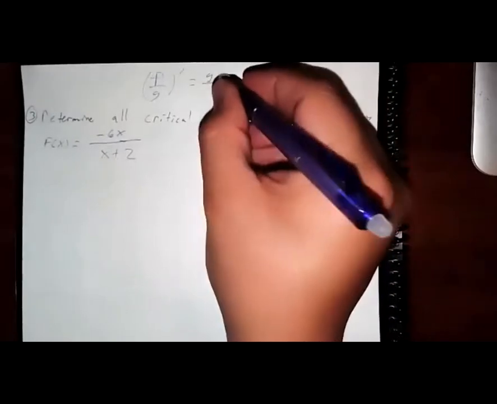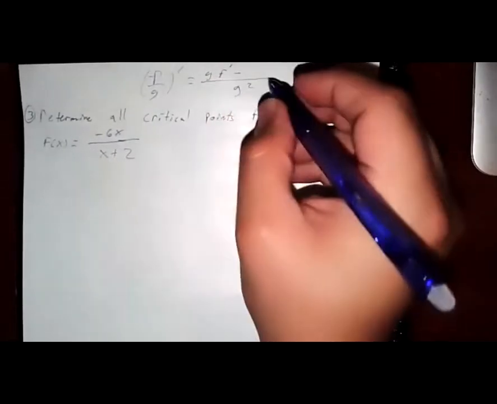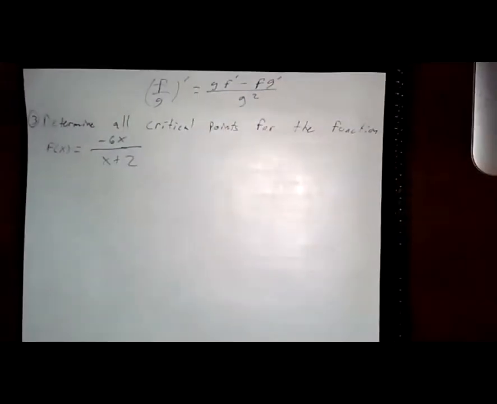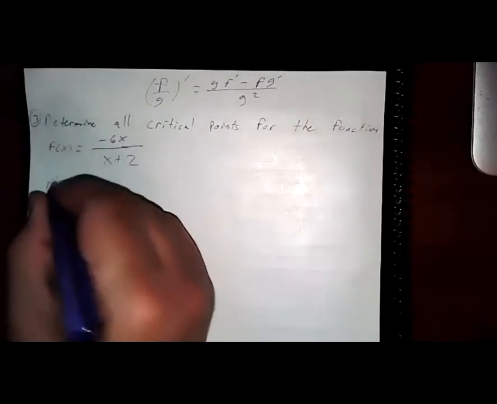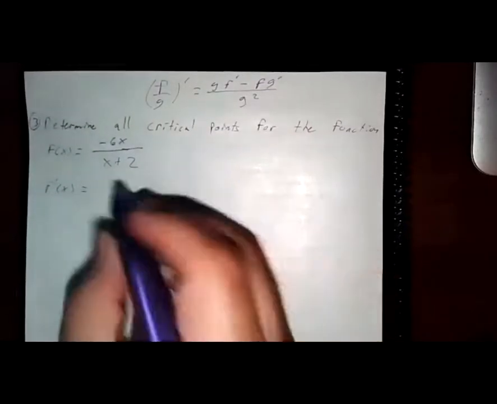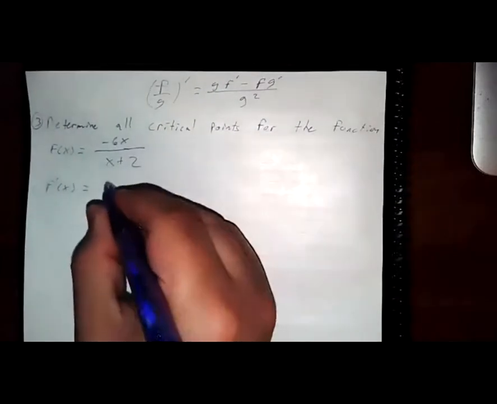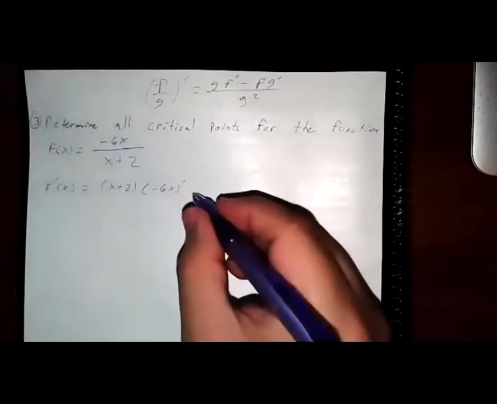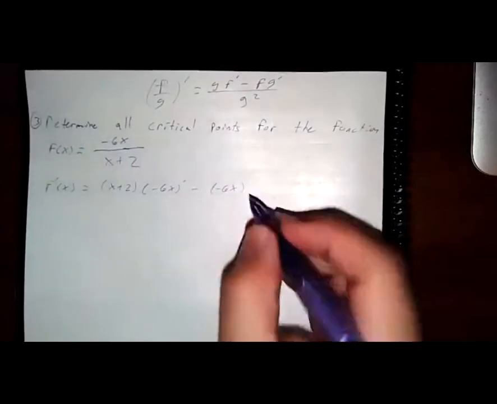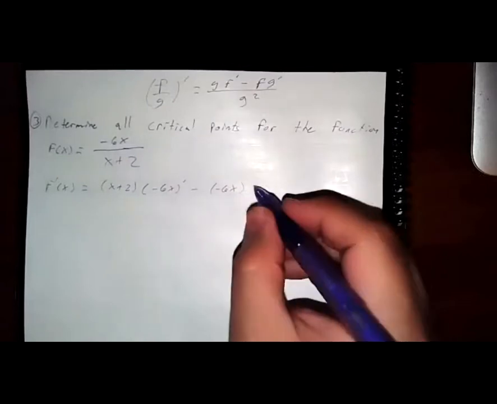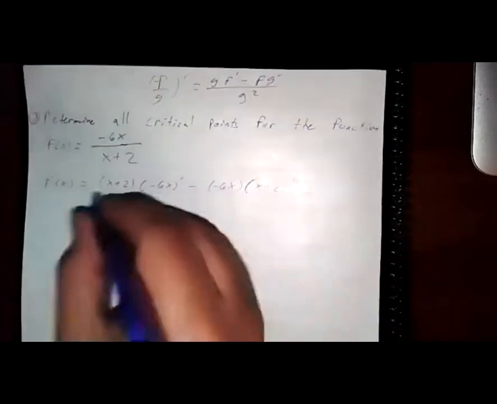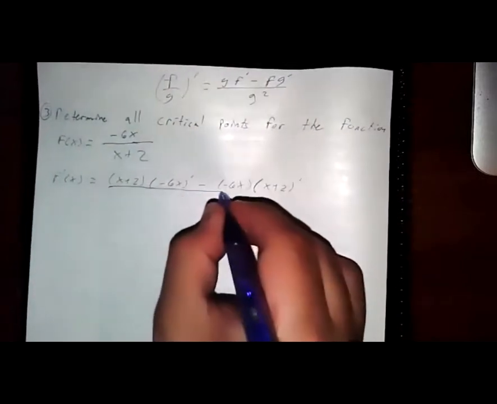Okay, g f prime minus f g prime. All right, so take the derivative. No choice. So it's going to be the bottom times the top derivative, first derivative, minus the top times the derivative of the bottom, everything squared.